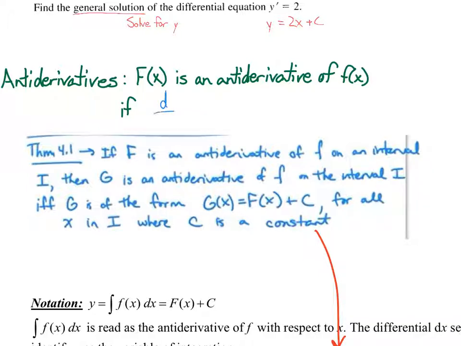If you take the derivative of the antiderivative, you should get the function f. Okay? That's the rule for whether or not something is the antiderivative. You could also use the notation capital F prime of x equals f of x. Okay?